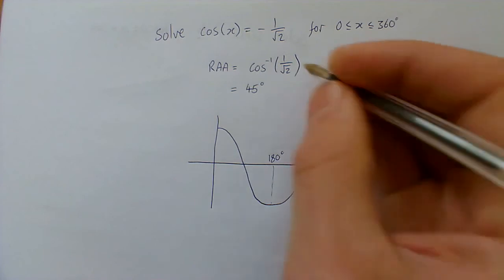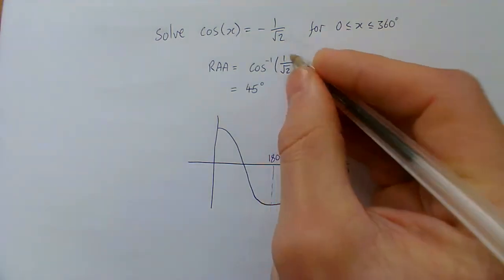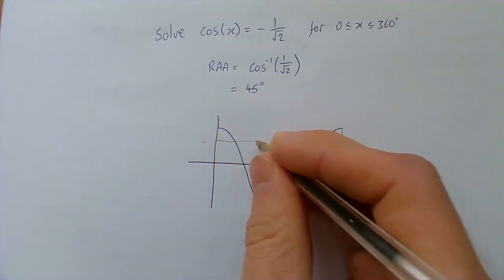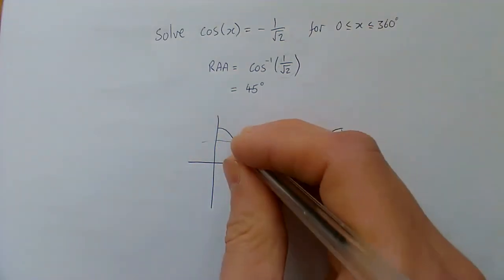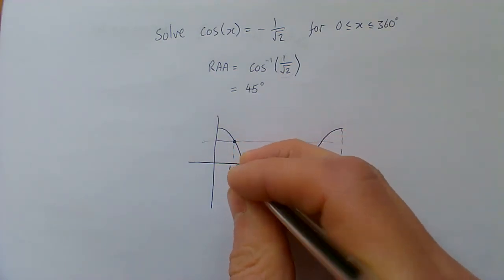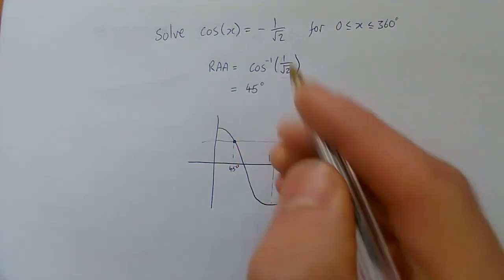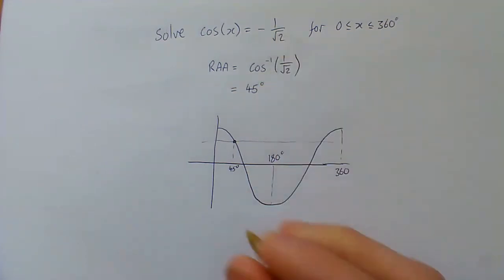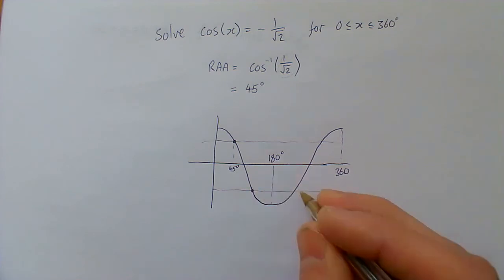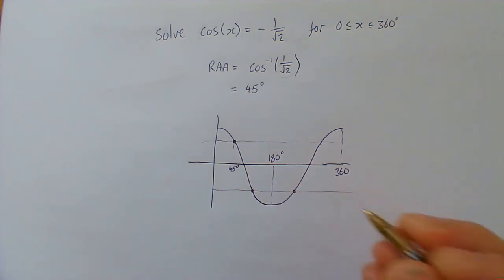Now, what we've worked out here is what happens with positive 1 over root 2. So with positive 1 over root 2, which is about there, we're hitting the graph. That's when we come along by 45 degrees. But in our question, we were asked about negative 1 over root 2. Which is down here. So those two values.